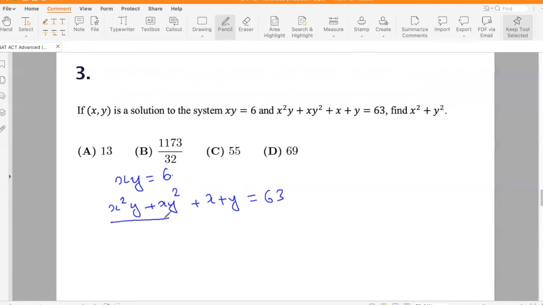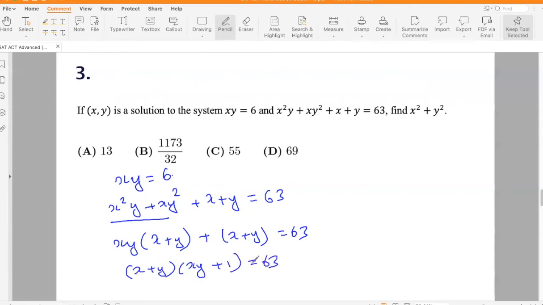Now, from these two terms, if we take xy common, we are left with x plus y, and x plus y is already there. And then from these two terms, if I take x plus y common, I'm left with xy plus 1. Now I know that xy is 6, so I can write x plus y times 6 plus 1, which is 7, is 63. So x plus y is 9.